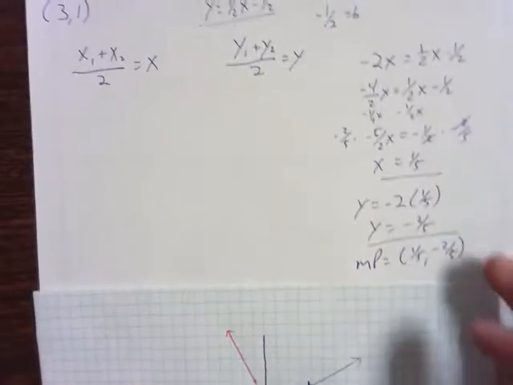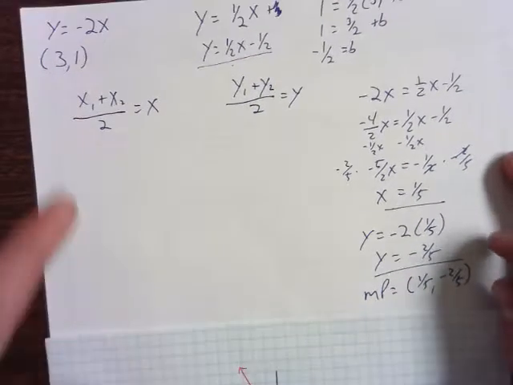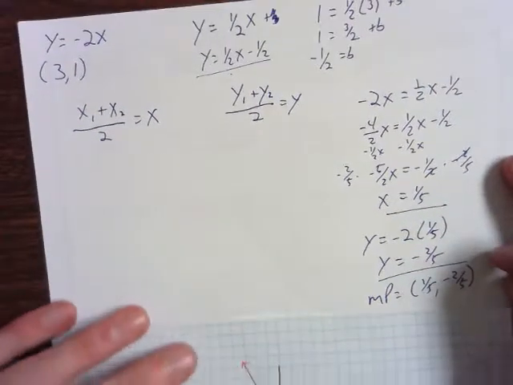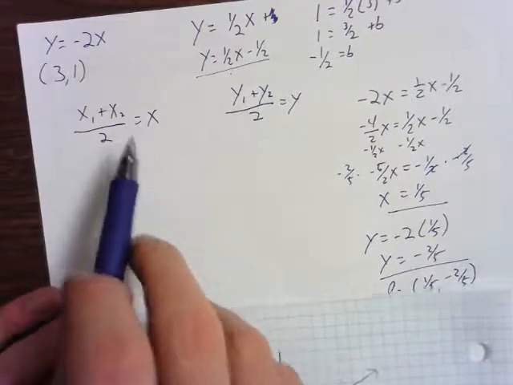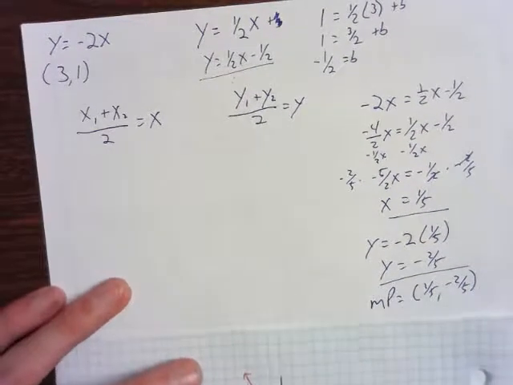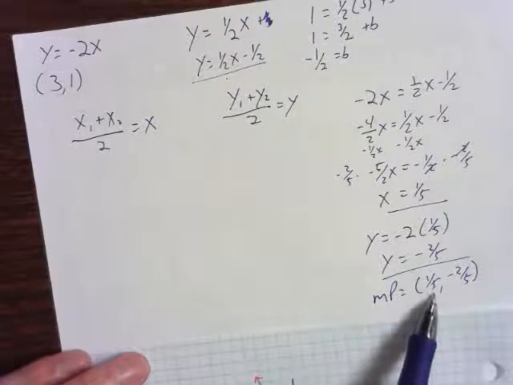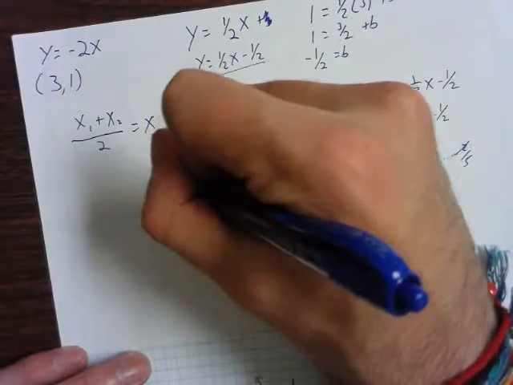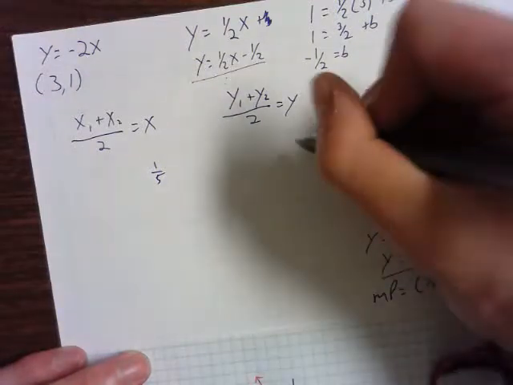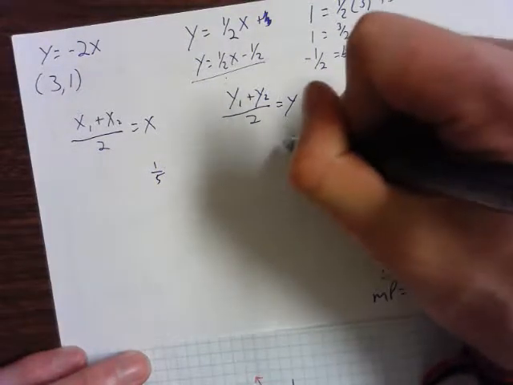Okay, so I can plug that back into my midpoint formula up here. And I have 3 unknowns, but now I have 2 knowns, so it will work out. Okay, so my midpoint for my x here is 1/5, so I can plug that in up here. My y, I'll go ahead and plug it in as negative 2/5.